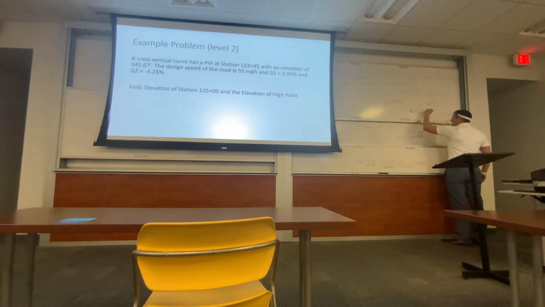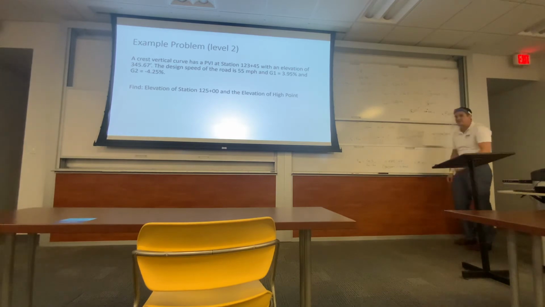X high is at 334.72, which is under this and above both of these, and is still above our station 125. Probably the right answer. Sounds good. All right, let's try another one that is a sag curve, just for practicing.